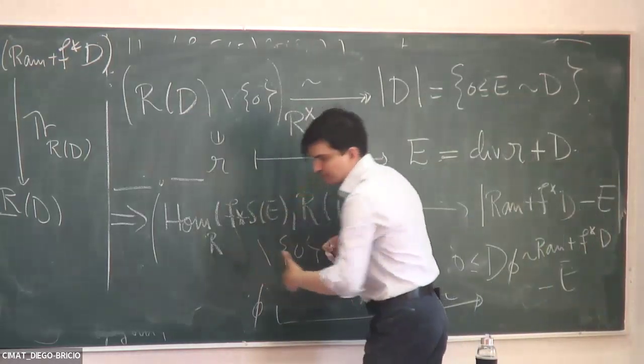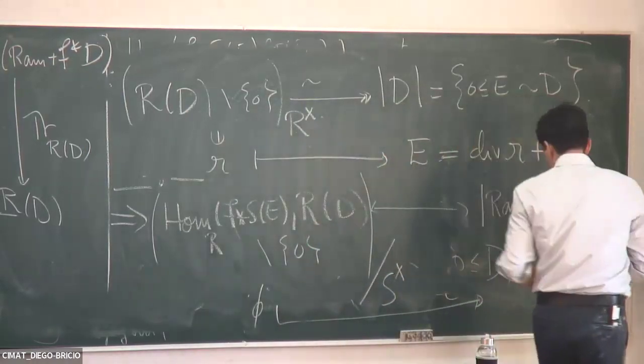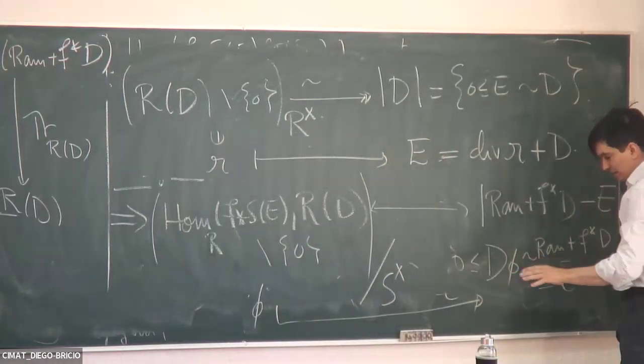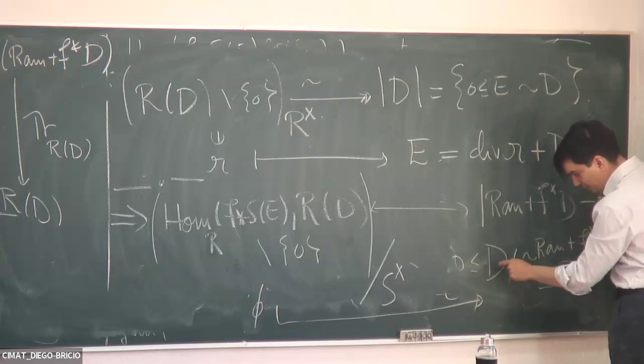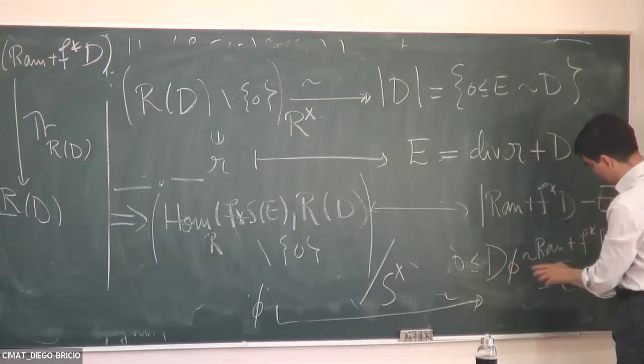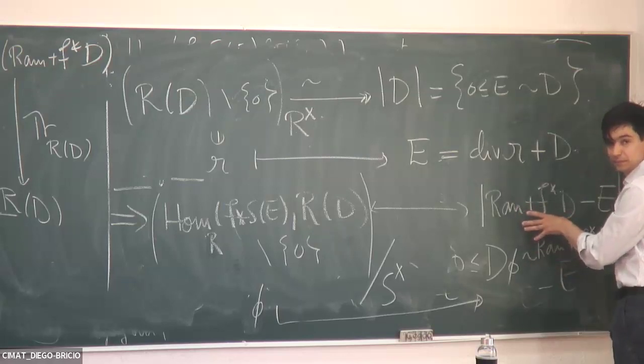A non-zero map here is pretty much the same data as an effective divisor D_phi that is effective and linearly equivalent to this. It's an element of this linear system.